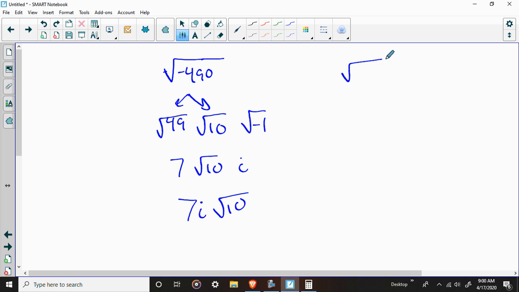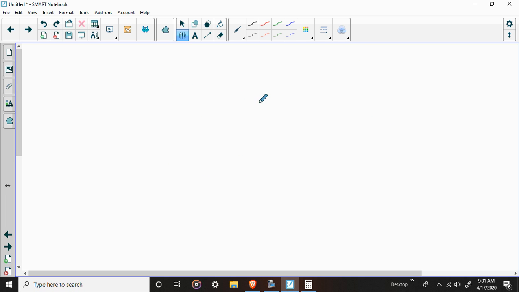So again, just to show you guys, if you were good with this last week, if you knew that this was radical 49, radical 10, 7 radical 10, if I throw a negative sign in there, all I need to do is throw an I out here. Okay? All right, so again, if I said, what's the square root of -80?